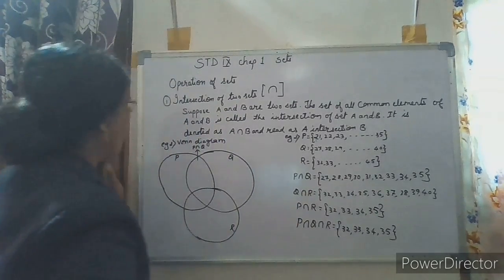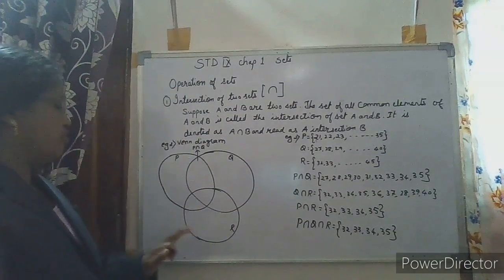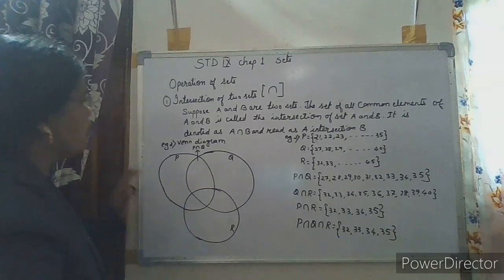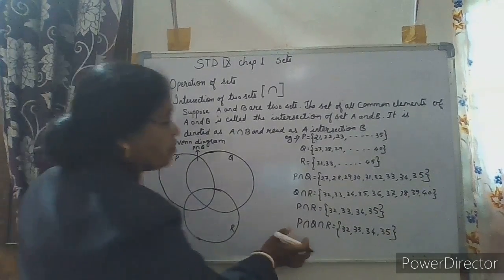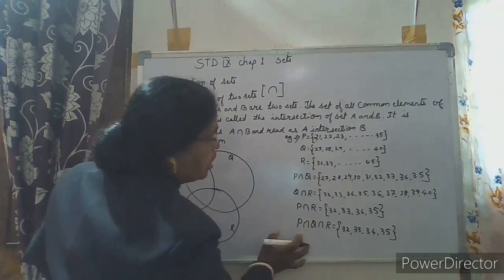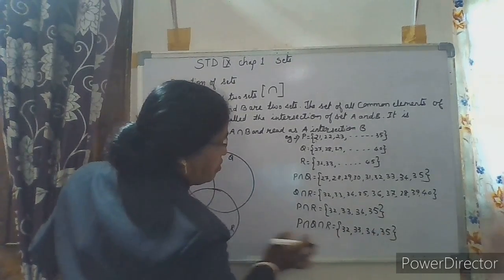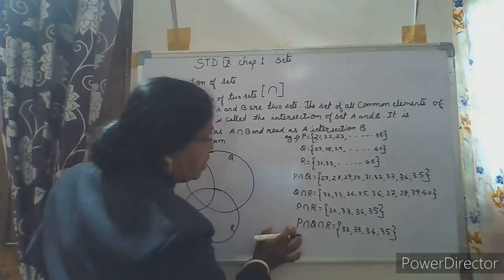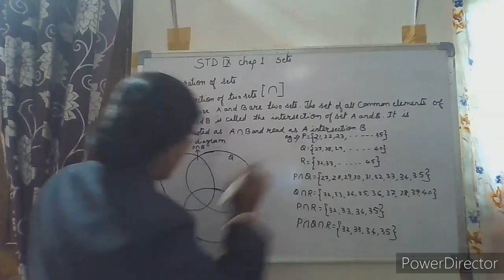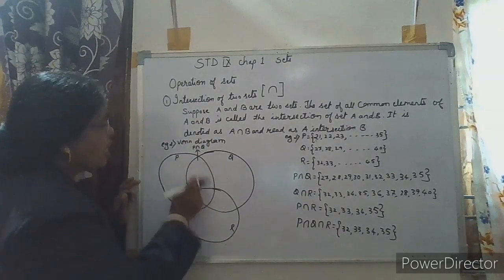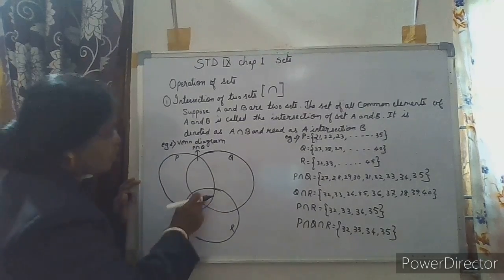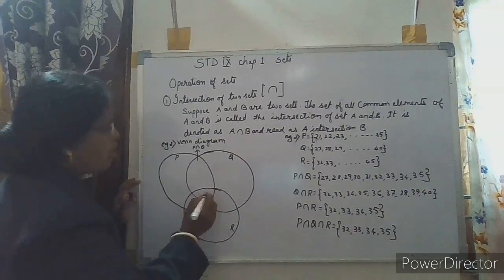27. First of all, when we have 3 sets altogether, in the Venn diagram, you should write the elements which are common in all the 3 sets, that is P intersection Q intersection R. So this is the part where it is showing intersection of P, intersection of Q and intersection of R also.